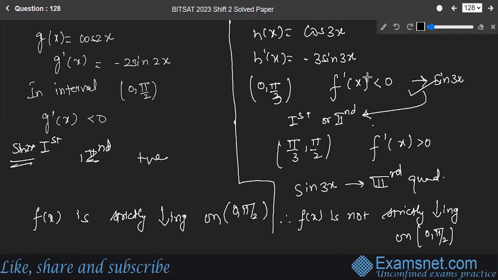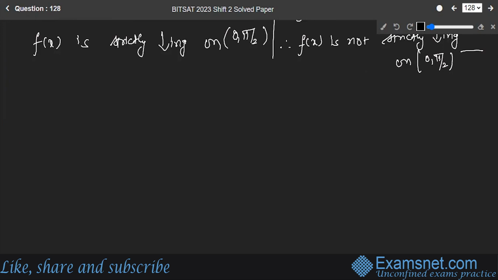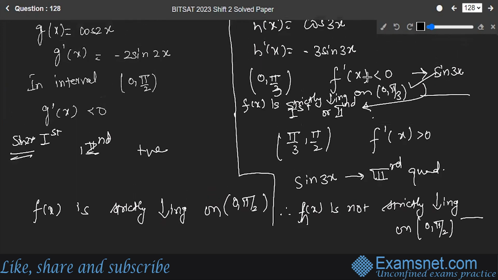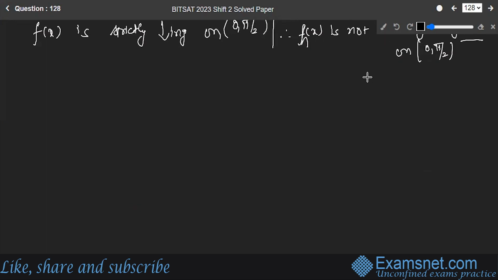Over here, it is strictly decreasing on 0 to pi by 3. See, over here it is decreasing. Over here, this is not decreasing. So, sorry, this is h(x), not f(x). This is the h(x) function. So h(x) is neither increasing nor decreasing function.